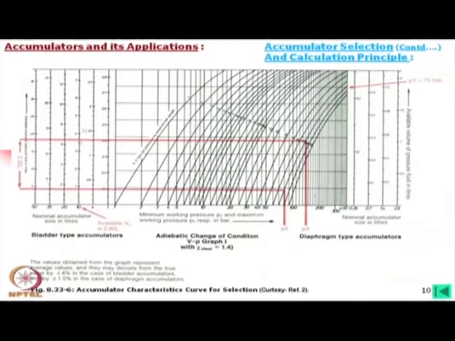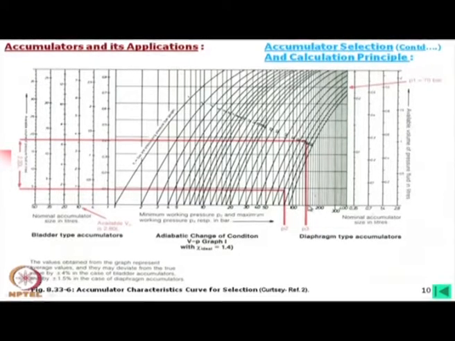We are working within this range. Obviously, slightly more may be available from this system, and this is for a different pressure curve. This is 1, 2, 3, so this is 50, and the pressure is P1 to P3. That means we are working maybe from 70 to 140.